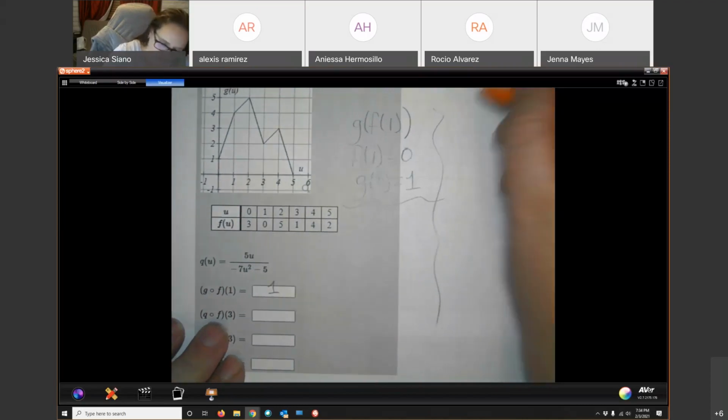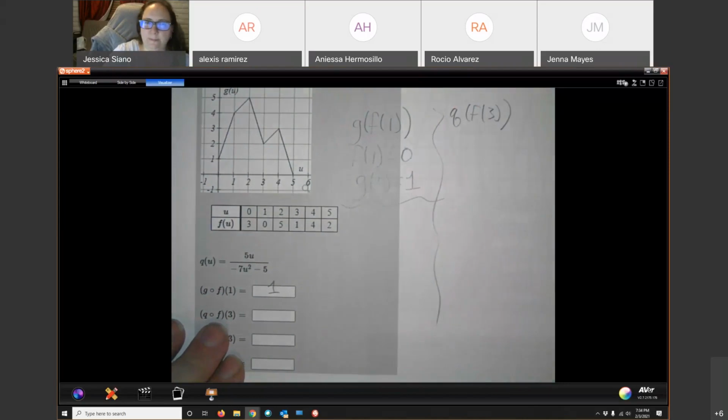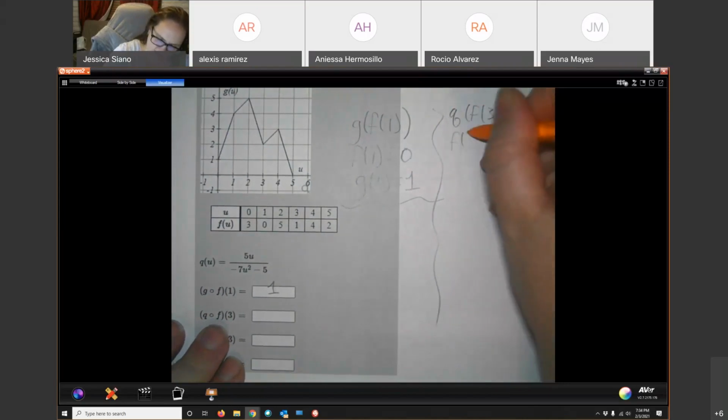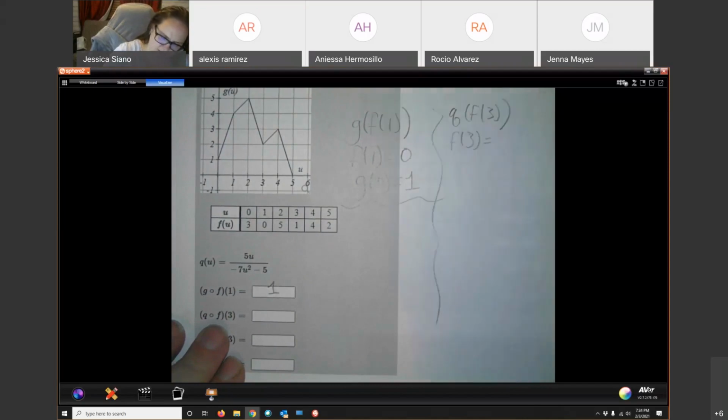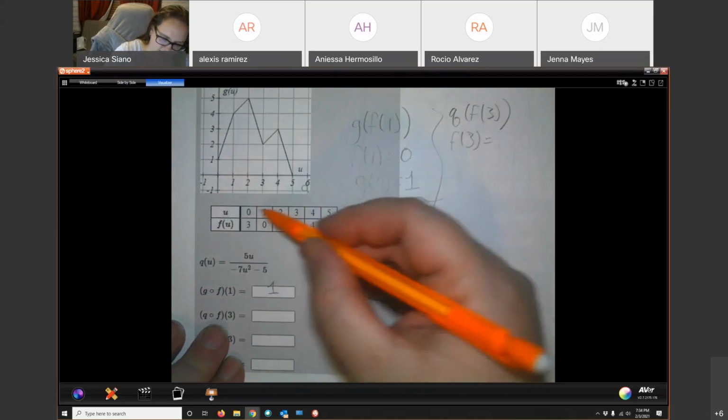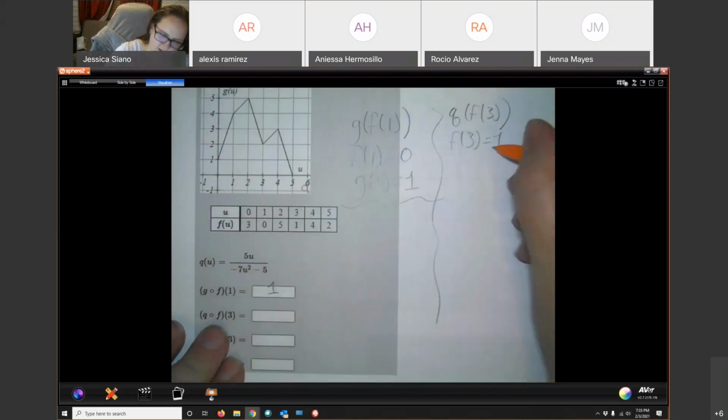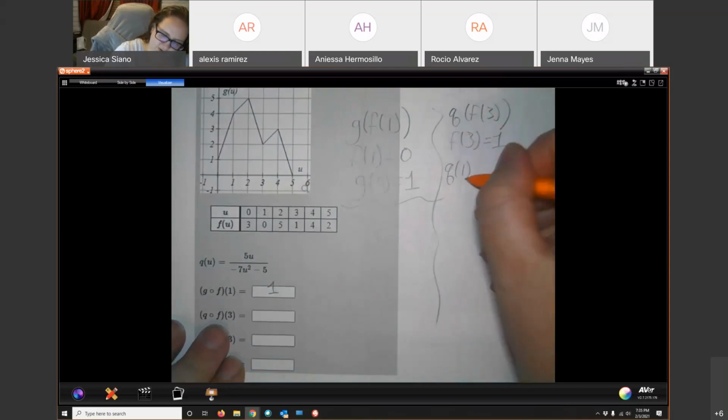How about q of f of 3? Well, again, I'm going to start on the inside here. So f of 3 is 1. So then I'm going to replace this f of 3 with a 1.